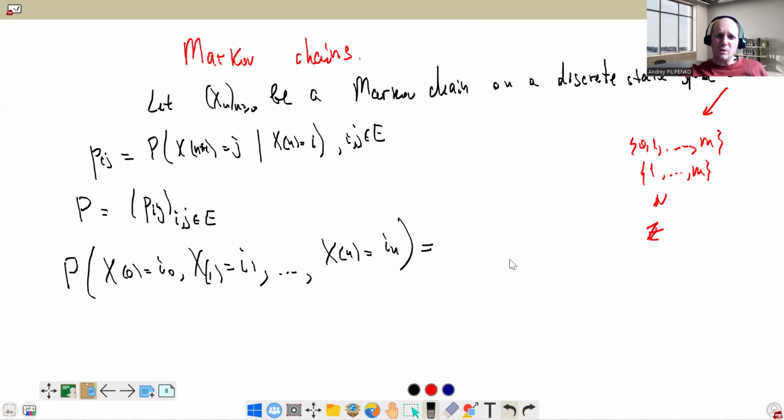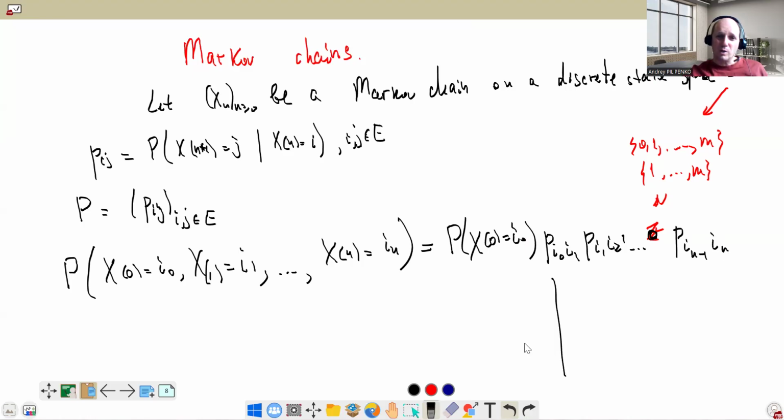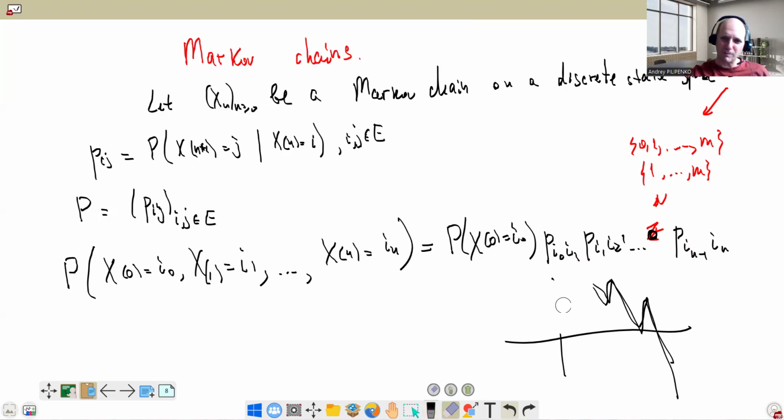The probability is equal to the probability that X0 is i0, the probability to start from i0, times the product of transition probabilities from i0 to i1, from i1 to i2, and so on, times the probability to jump from i(n-1) to in. So if you have a certain route, you take the probability that you start from here, and then the probability of each jump. So it behaves like a random walk. You just consider products. In some sense, you have certain independence.